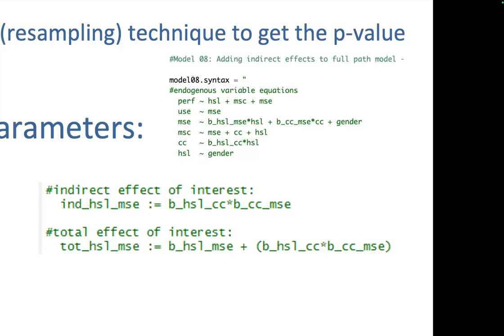Up here is where I defined all my regressions, the endogenous variables. If I go to the MSE line, which is where that indirect effect comes from, I will label the direct effects. A label in lavaan is a character string followed by the asterisk like you're multiplying. And it has to come in front of the variable on the right side.